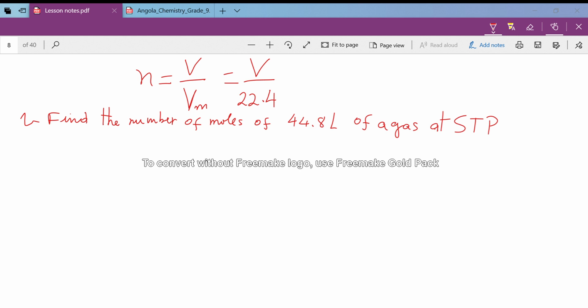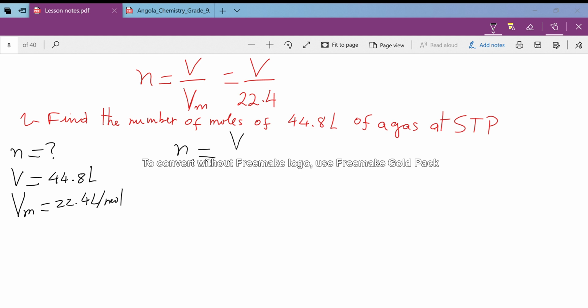Now, the procedure is the same. First, we write the information that is being given to us. The number of moles is what is being asked, and the volume is given, 44.8 liters. The molar volume is always known, which is 22.4 liters per mole. Now, we have the formula: volume divided by 22.4, which is the molar volume.